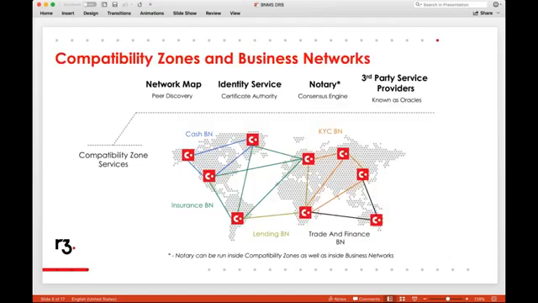Okay, then next slide, please. So this picture just illustrates the layout of the business networks versus the compatibility zone as we see it. At the bottom of the slide, it shows multiple business networks, each built for its own purpose. For example, the blue one is to do some operations with cash, the green one with insurance, with lending, with KYC, trade finance, and so on.